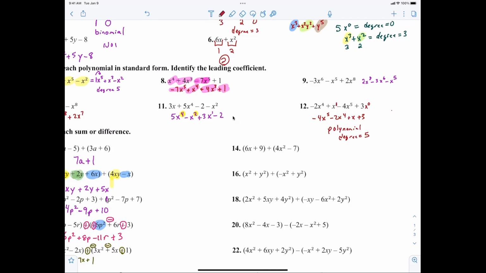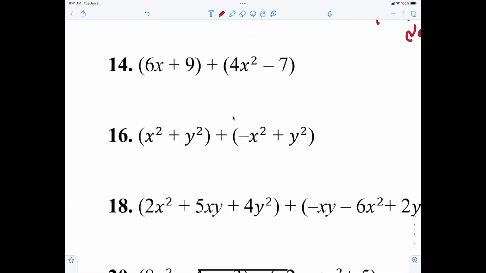All right, so if I'm looking at number 14, we always want to start out writing in standard form. That means we look for the largest exponent. What has the largest exponent? 4x squared. Is there anything I can combine with 4x squared? 6x does not go with 4x squared. You're adding x squareds. Are there any other x squareds?